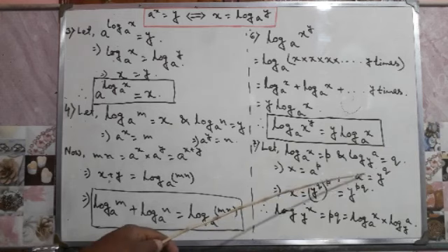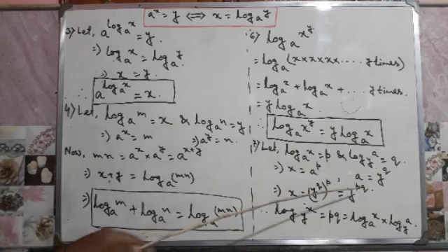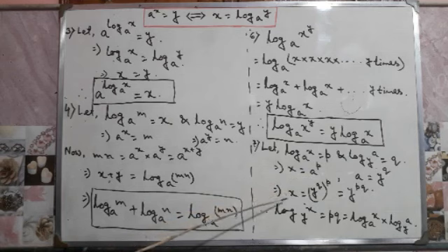Now replacing this value of a, y to the power q, here what can we write? x is equal to y to the power q whole to the power p, that is y to the power pq. So ultimately x is equal to y to the power pq, from this line we can say that log x to the base y is equal to pq.